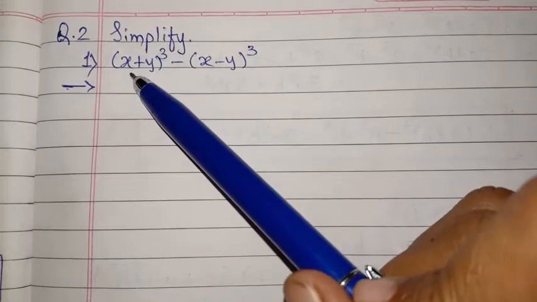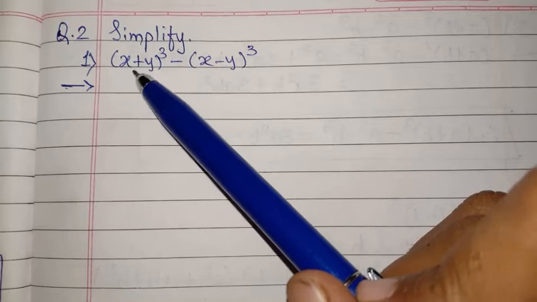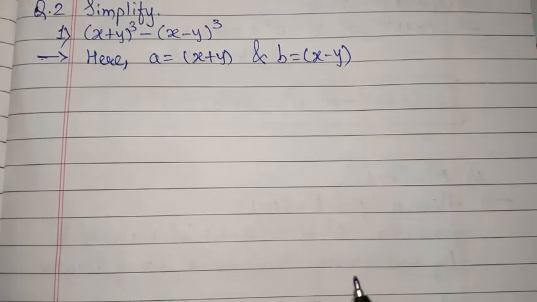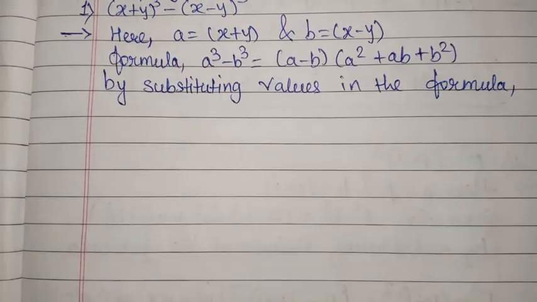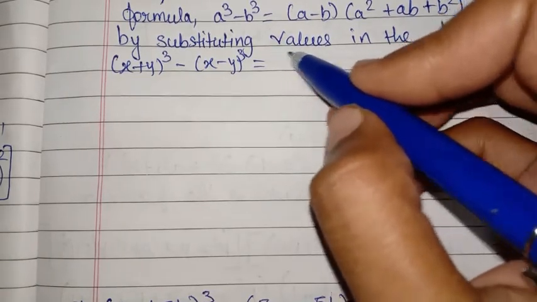Then it will become in the form of our formula, that is a cube minus b cube. Here a is equal to x plus y and b is equal to x minus y.